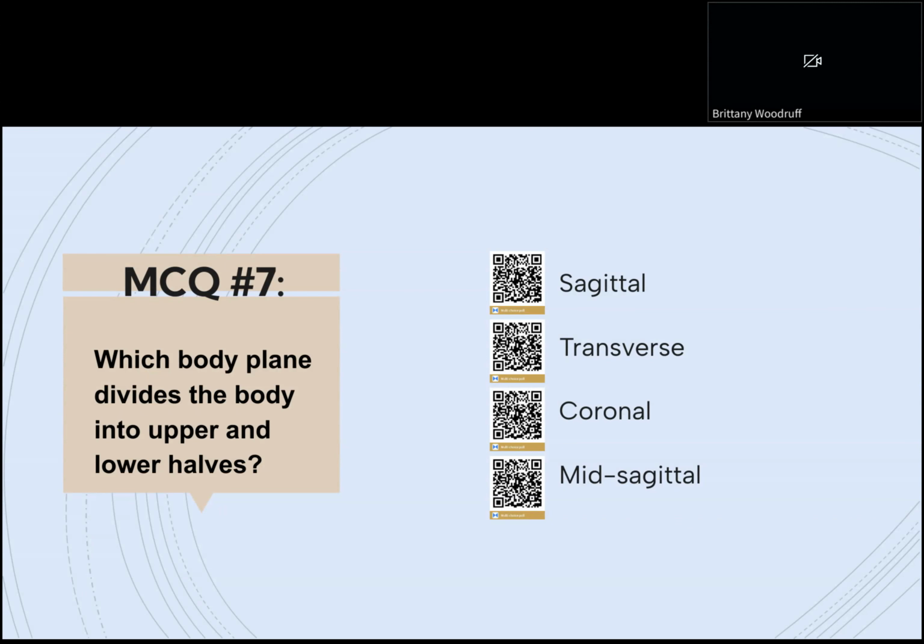The coronal plane divides you into what? Front and back. What are the official words for front and back? Posterior and anterior. What are the other two? Ventral, dorsal.